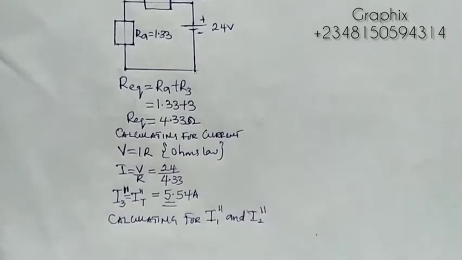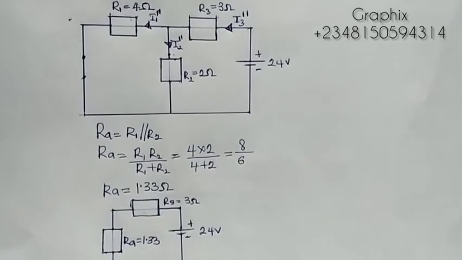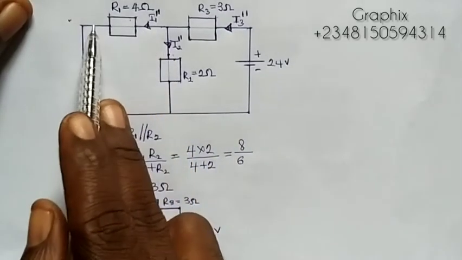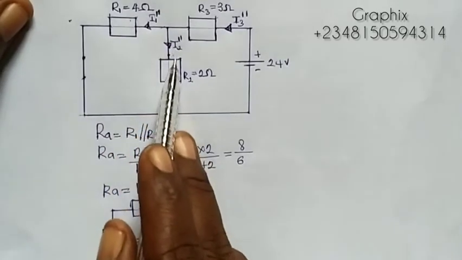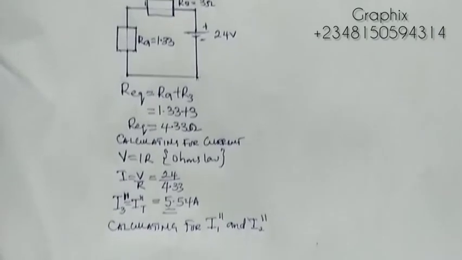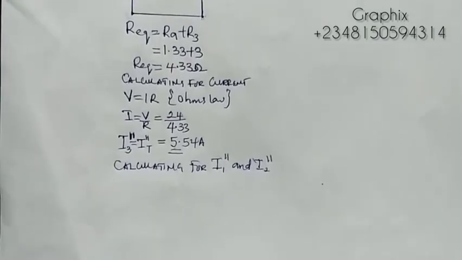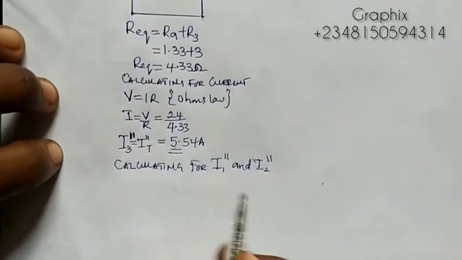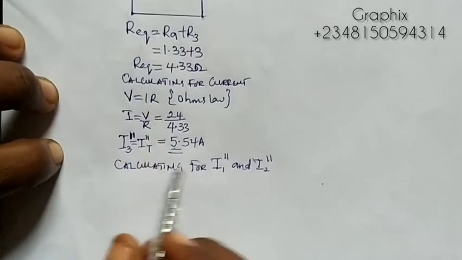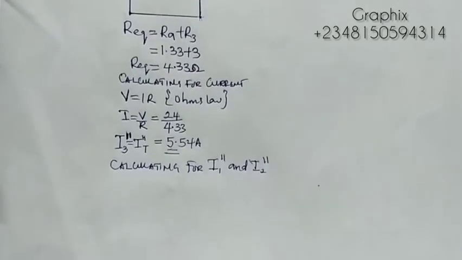So using the current divider rule, we want to look for I1 prime prime going through here and I2 prime prime. So using our current divider rule to calculate that. So from here, the I1 prime prime using current divider rule, you're going to replace RA from here.